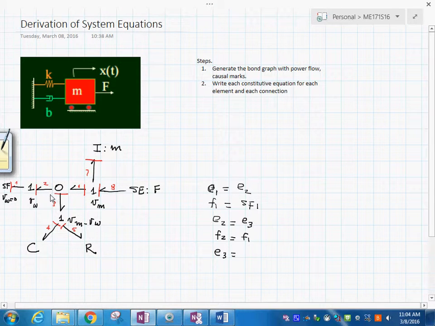So this is E sub 4 plus E sub 5. What is F sub 3? F sub 3 is here: F6 minus F2.